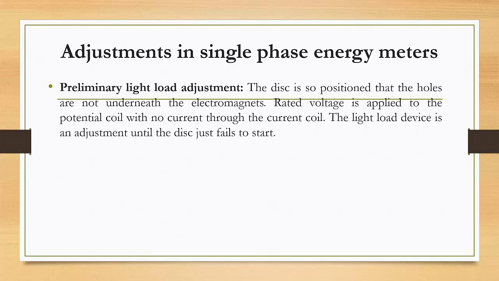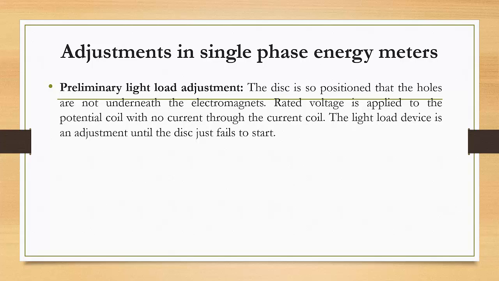The first calibration is preliminary light load adjustment. In order to achieve this, the disc is positioned so that the holes do not directly fall below the electromagnet. The rated voltage is applied to the potential coil with no current through the current coil.